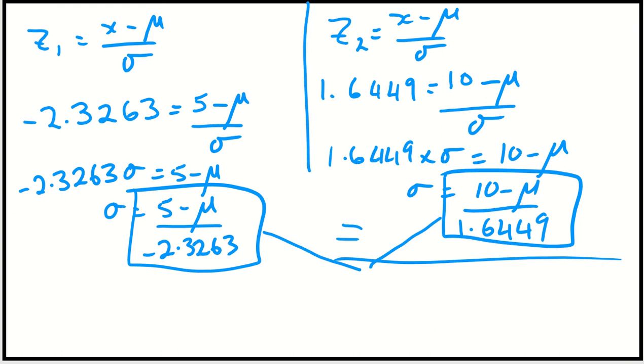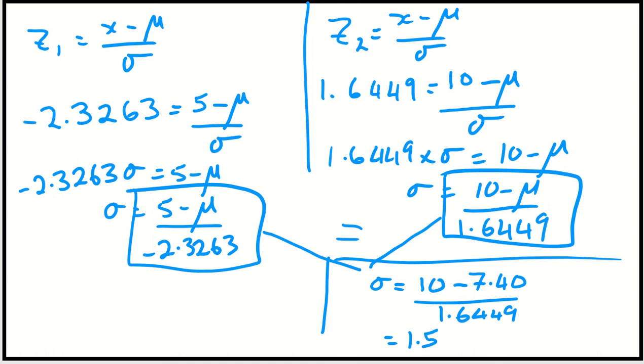So I'm going to take the second formula: standard deviation equals 10 minus the mean I've just found, which is 7.40, divided by 1.6449. And I know the numbers are horrible, but that's okay. And that's going to give us a standard deviation of 1.53 to 2 decimal places.